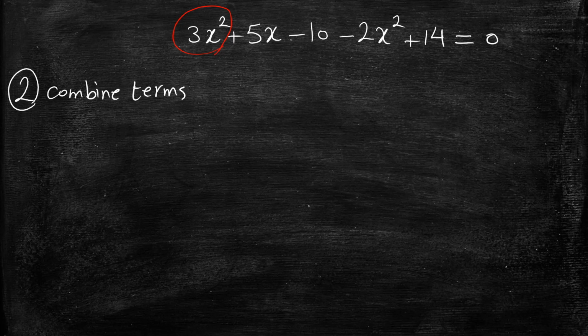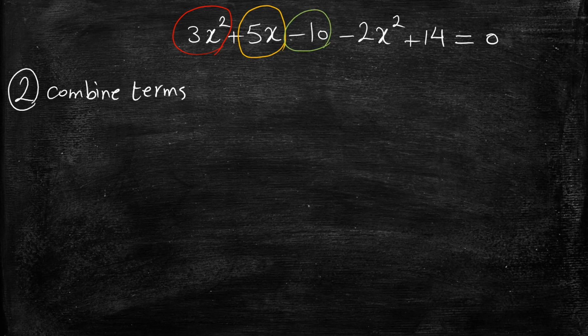Anything that is multiplied by any bunch of multiplications and divisions is considered a term. Terms are separated by addition and subtraction. So this plus between 3x squared and 5x separates these two terms. You see? 3x squared is one term, 5x is another term. The 10 here, minus 10, is another term.